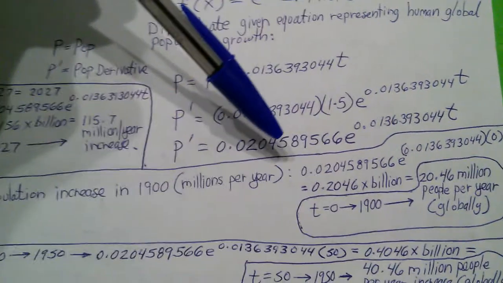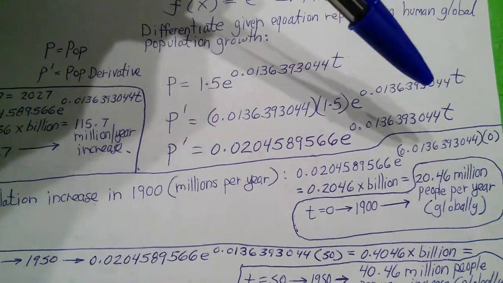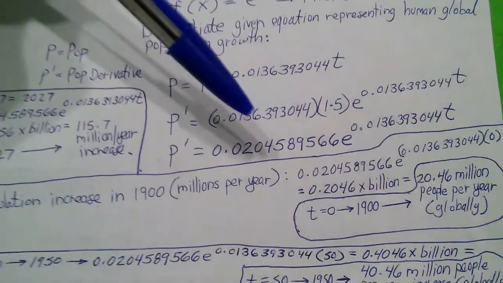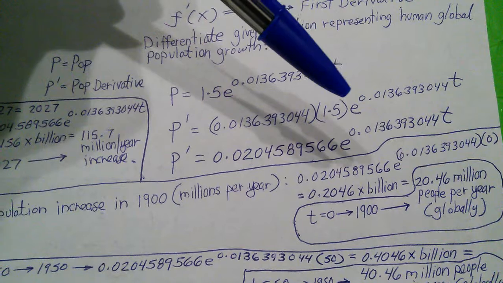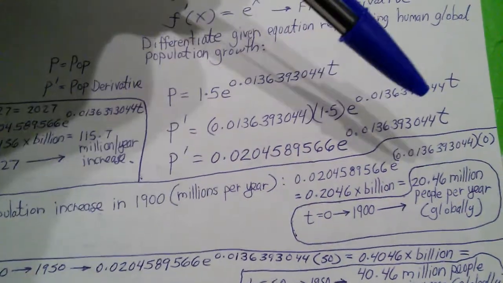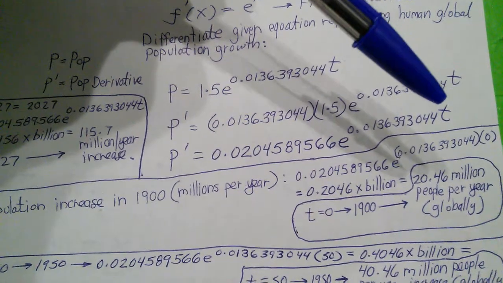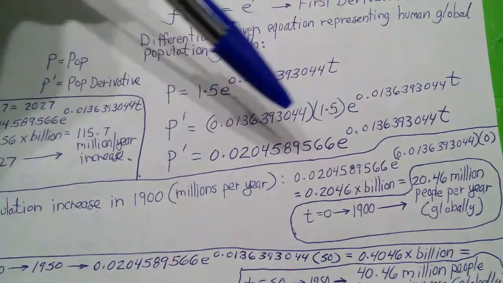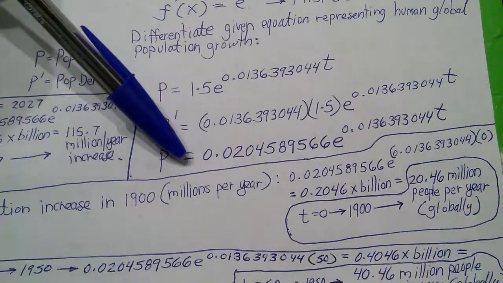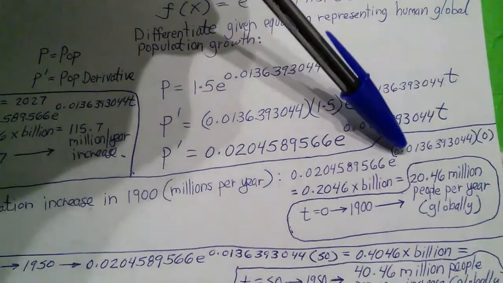Of course, this is increasing. So every year, it's not going to be a constant increase in population. In 1900, it might be so many people per year. And in 1905, it might not be the same number. It may have a rate of change that's not the same, but still increasing. So now we've got the derivative of the function, and we can figure out that information.